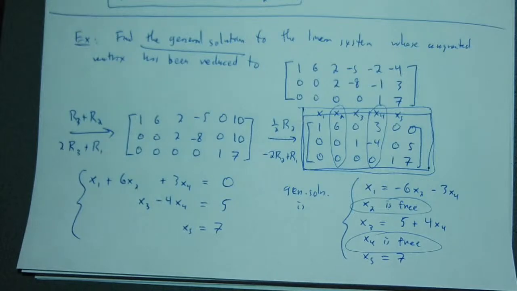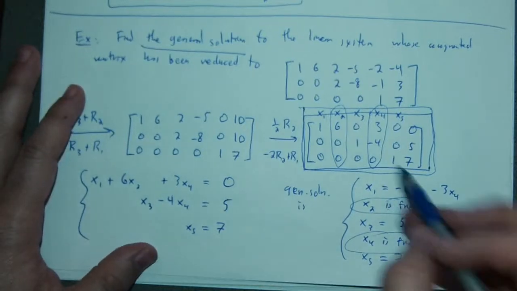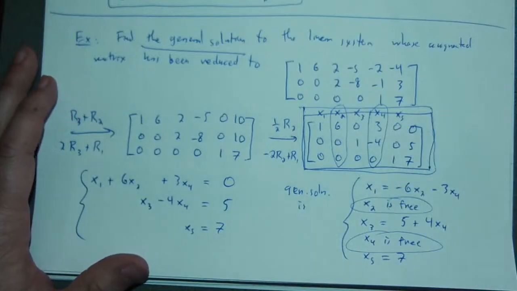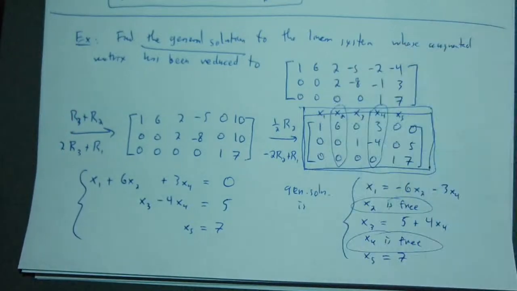So that is exactly the characterization of free variables. The basic variables, like I said, we're not going to use that term that much, but the basic variables come from the columns that have pivot positions, that are pivot columns. But the free variables come from the columns that don't have pivot positions.